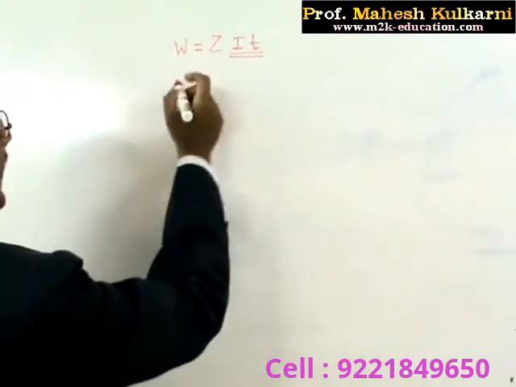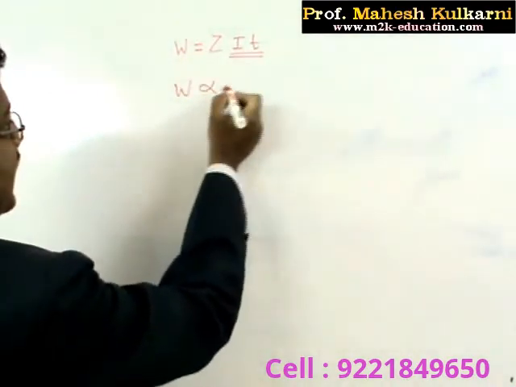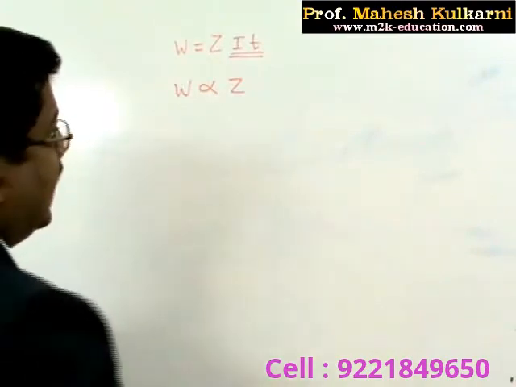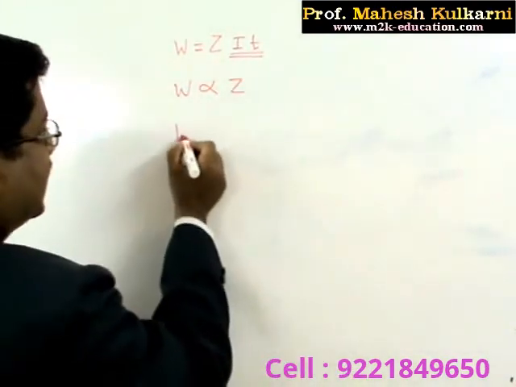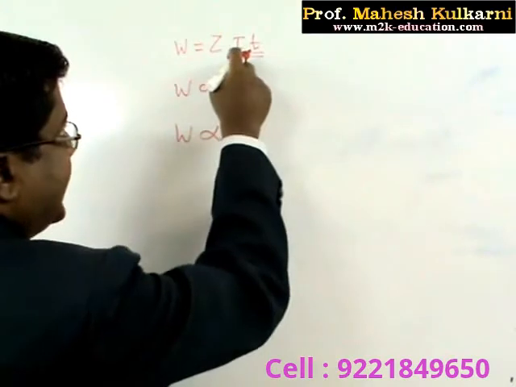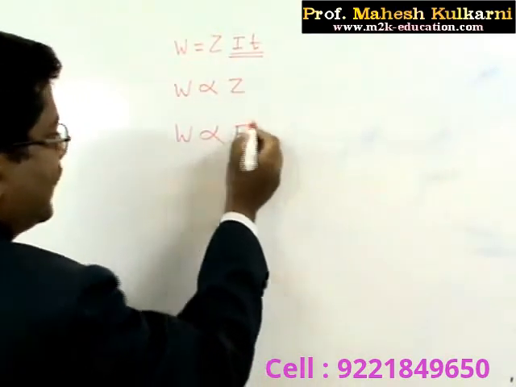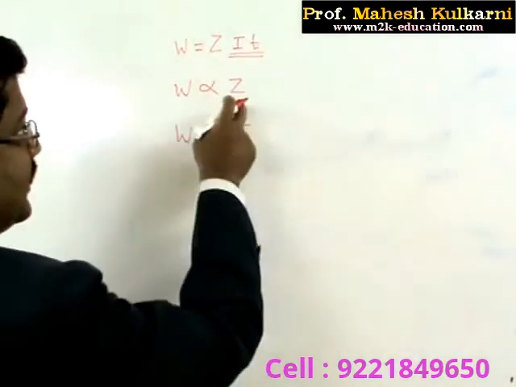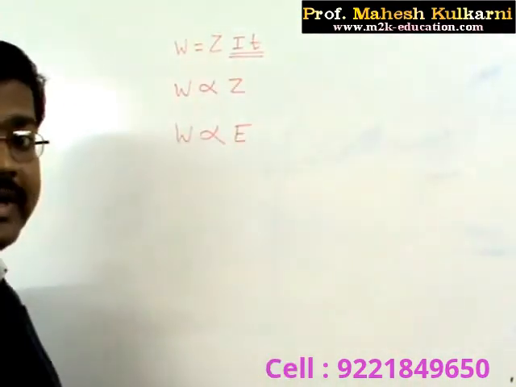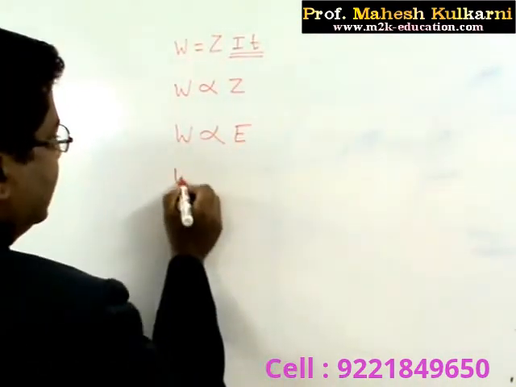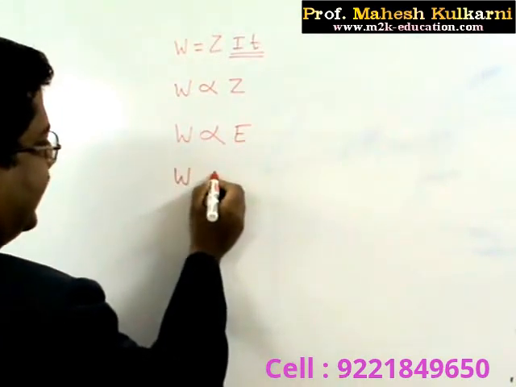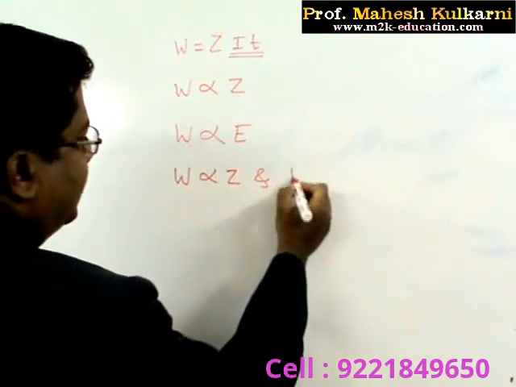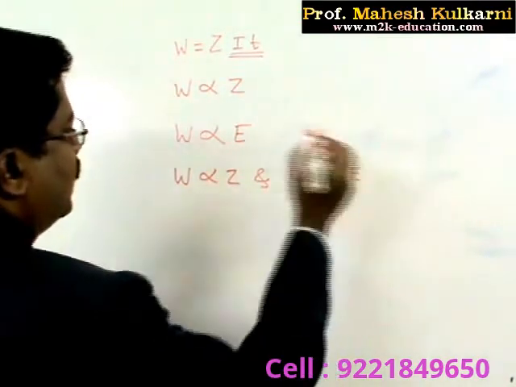So if I and T are constant, W is directly proportional to Z. When IT is constant, W is directly proportional to the equivalent weight of the substance, and also directly proportional to Z. That means W is directly proportional to Z and W is directly proportional to E.